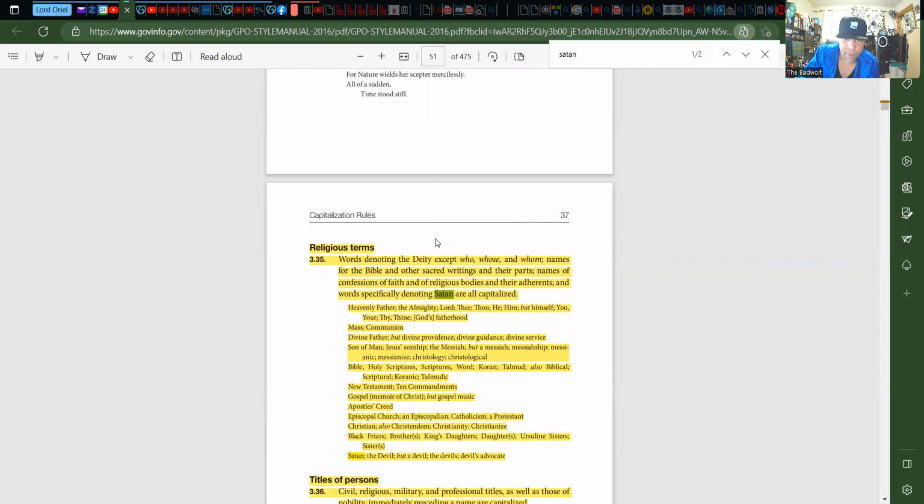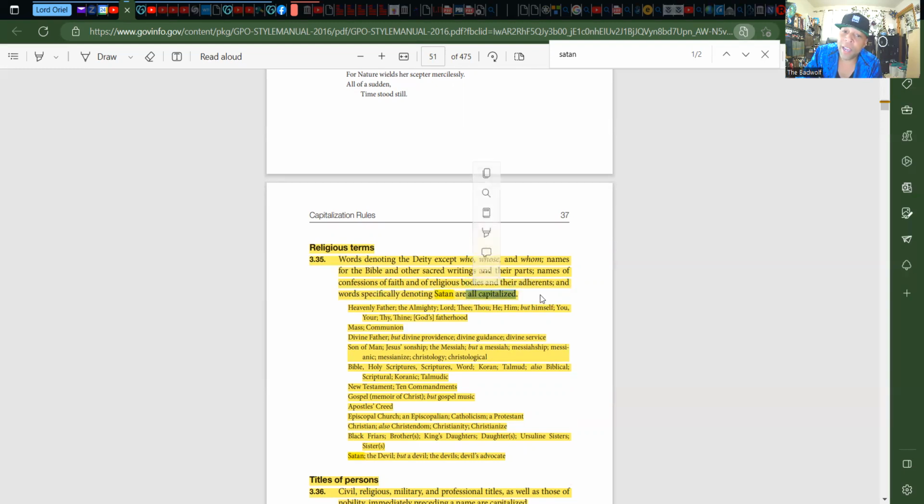Here's my problem with the scenario, people. It says Satan. Let's go back. Religious terms, and words. Okay, so all these things are supposed to be capitalized, the first letter capitalized. But then it goes down here to say, and words specifically denoting Satan are all capitalized.